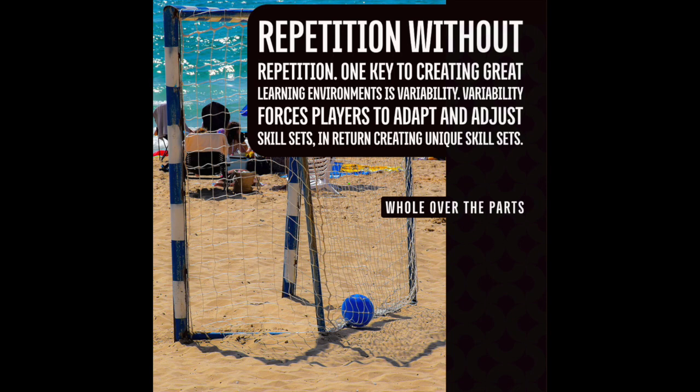Now it's repetition, but it's repetition without repetition, because now they're hitting sand wedges from places they wouldn't hit sand wedges from, maybe a 7-iron from the tee. They're hitting their shots differently because they have to use the clubs differently. So my point is, when you have variability and unstable training environments, the player's skills and the way they apply them and the way they make their decisions is constantly being forced to change because of the environment. So it is repetition without repetition.